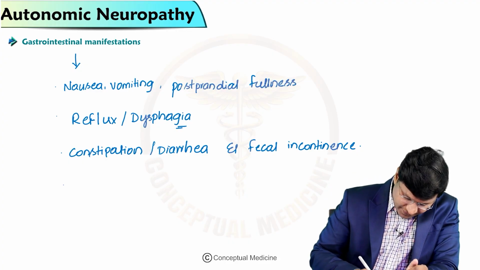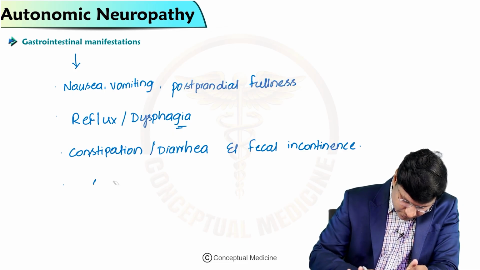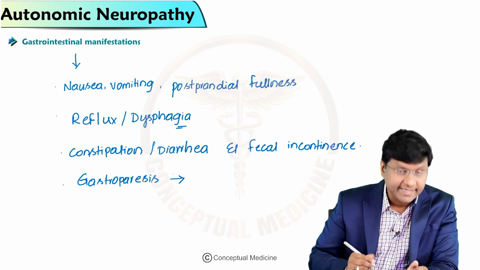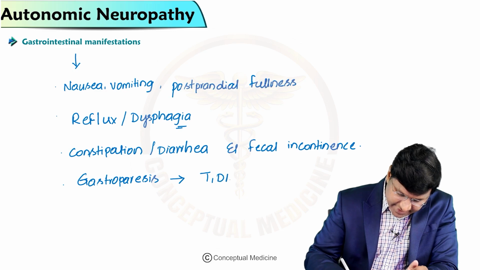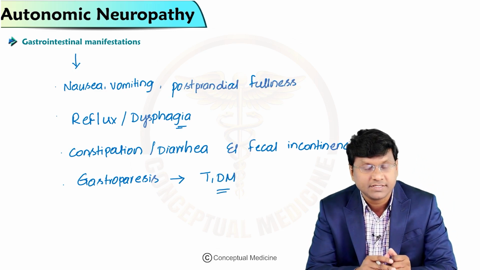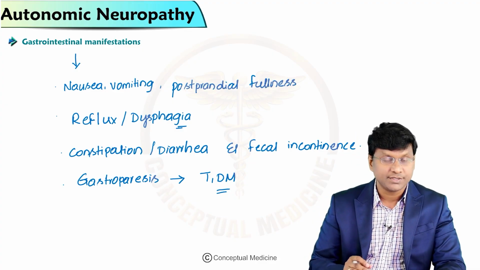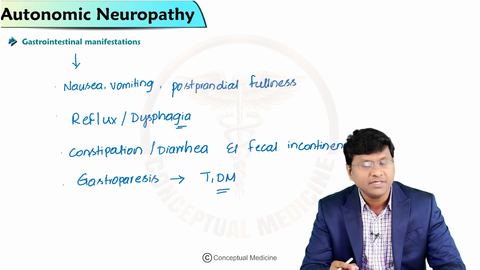Okay, so gastroparesis should be considered in type 1 diabetes mellitus patients, and in these patients with uncontrolled diabetes mellitus, autonomic neuropathy is very common, and that will manifest in the form of the gastroparesis.